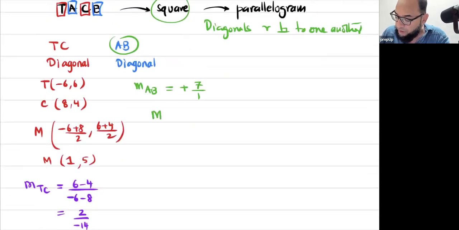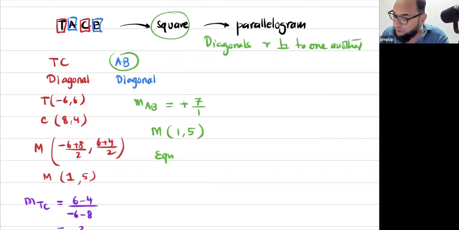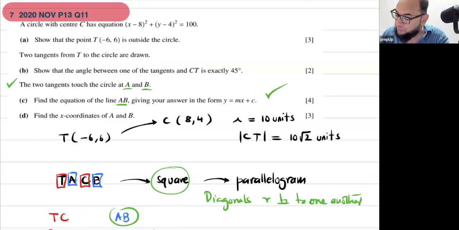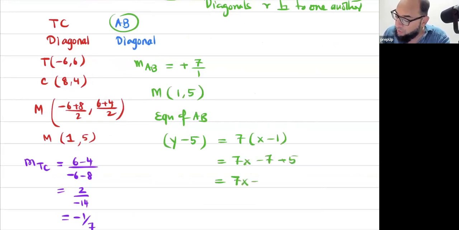We have the midpoint, which is 1 comma 5. And I can find the equation of AB, and that is what they're asking for. So y minus 5 is equal to 7 times x minus 1, that is 7x minus 7 plus 5, this is 7x minus 2, this is y, that is the equation of this line.